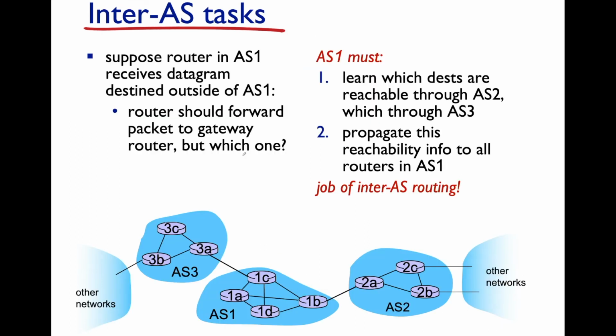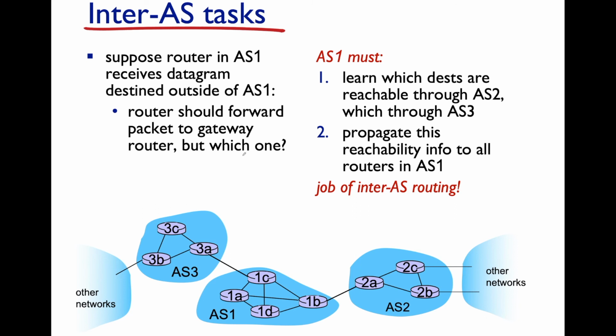Suppose we have a router in AS1 and it gets a datagram with a destination that's outside of AS1. The router should certainly forward that packet to a gateway, but which one should it forward it to?